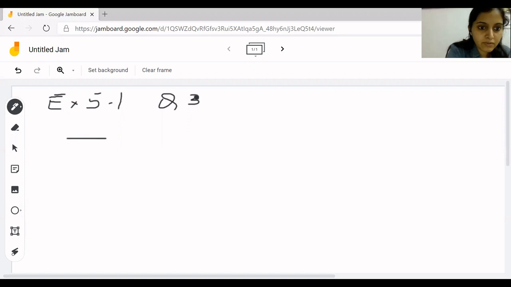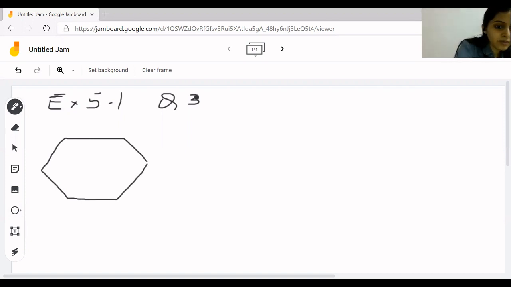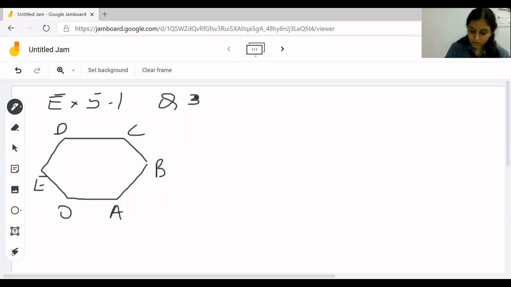So this we will name as OA, B, C, D and E. Out of which OA and AB are given to you, that is A bar and B bar, and OB we are going to join.